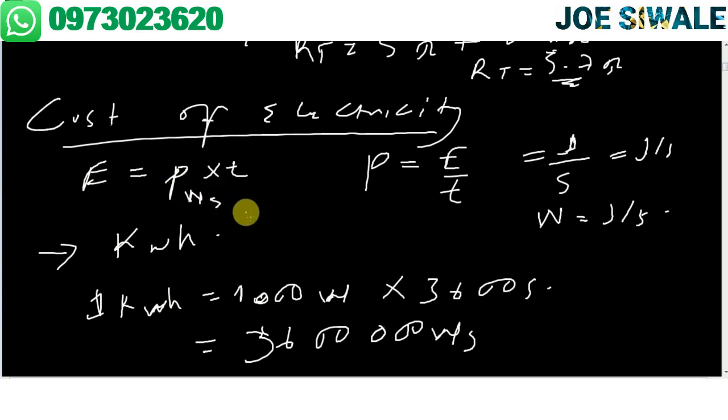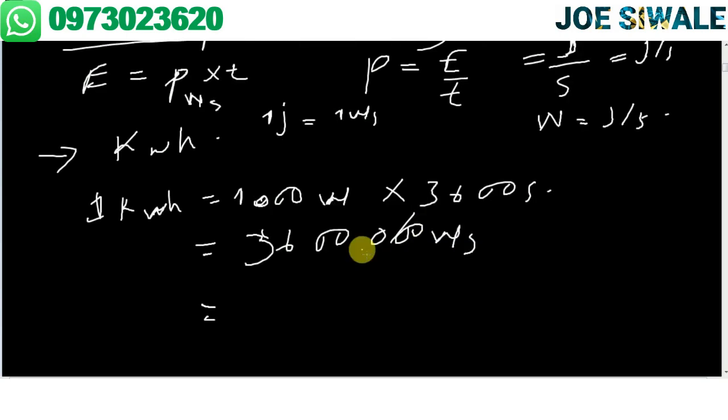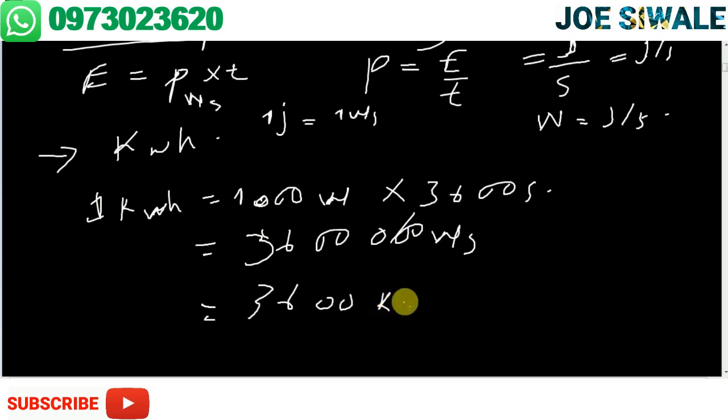So we can also say that 1 joule is equal to 1 watt second. And since we have done that, we know that that's 3,600,000, and if we cancel out the zeros there, we're going to have 3600 kilojoules. So we know that 1 kilowatt hour is equal to 3,600 kilojoules.